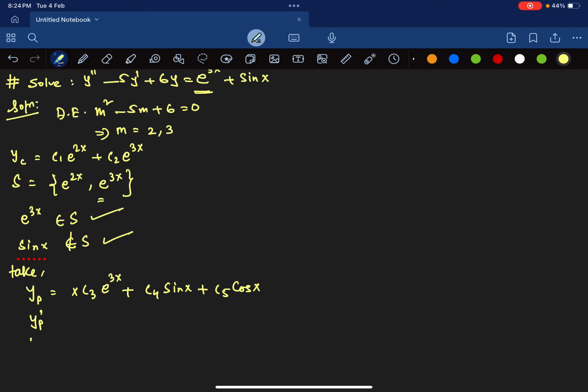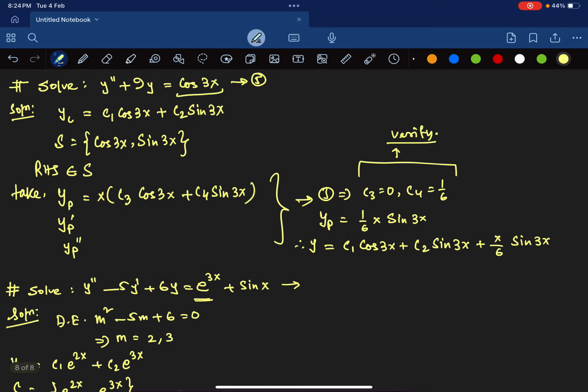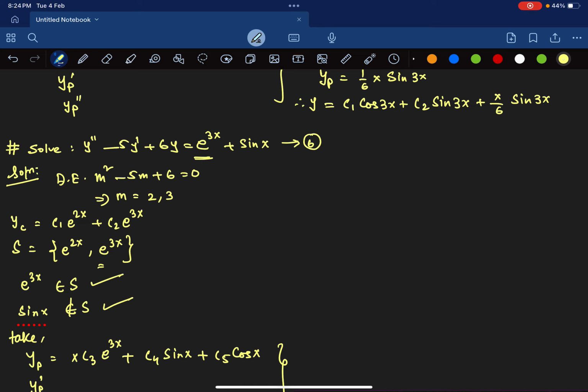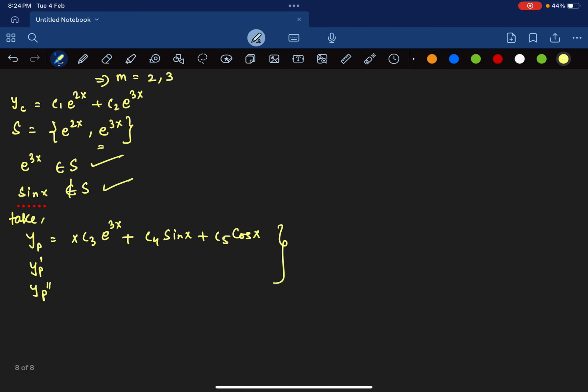Now find yp dash, yp double dash. Plug all this in equation number 6, I guess. Yes, equation number 6. Once you plug all this in, go for the comparison on both sides.